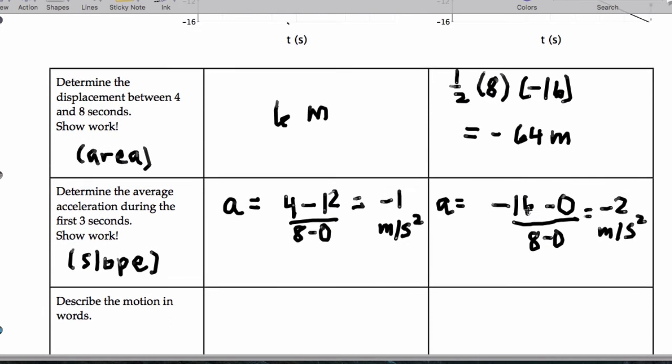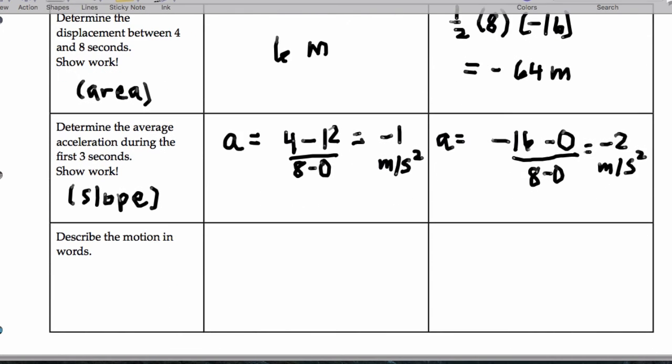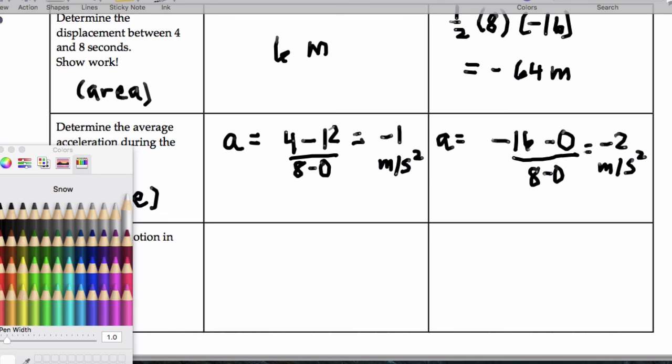Now, if we wanted to describe the motion, these have slightly different motion. And I just want to kind of be clear on this.